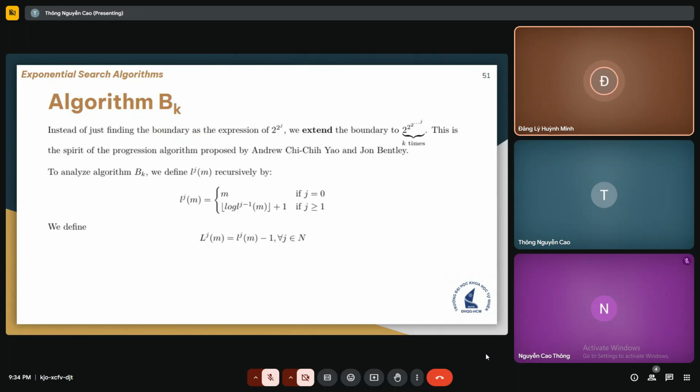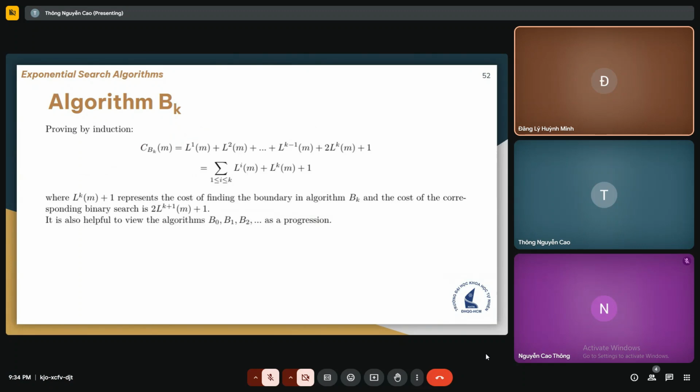And we define another function Lj(m). Then proving by induction, we have the following equation, where L_k(m) plus 1 represents the cost of finding the boundary in algorithm BK, and the cost of the corresponding binary search is 2L_(k+1)(m) plus 1.